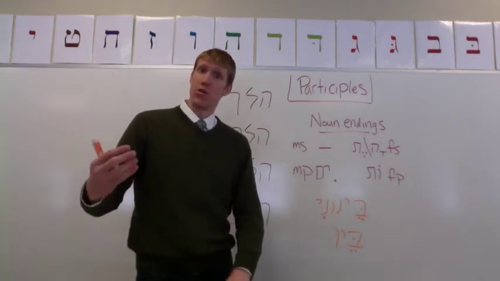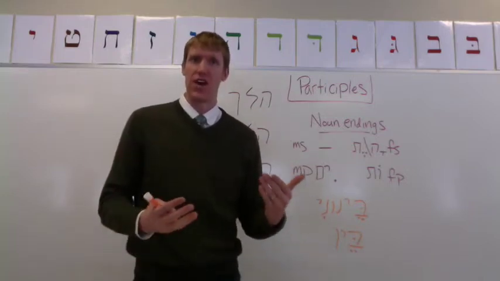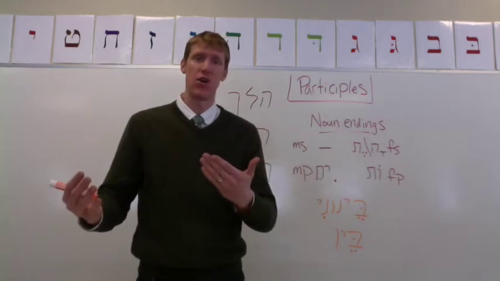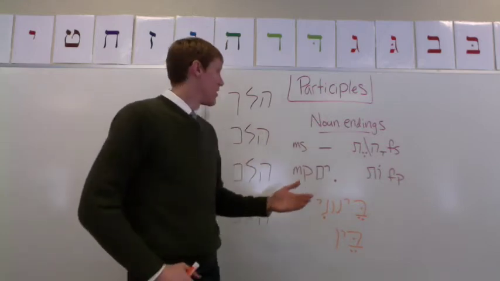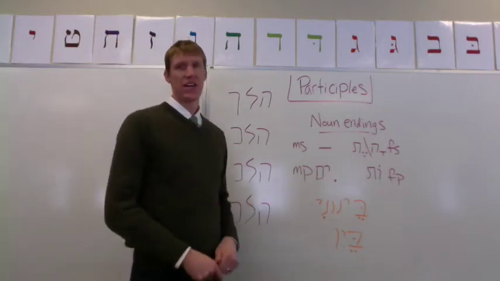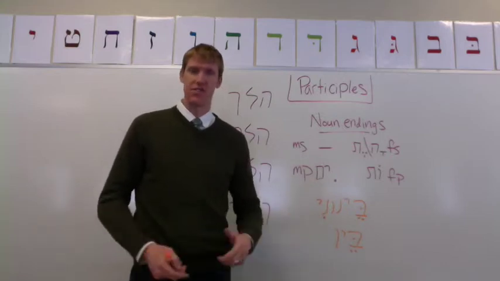Here, with participles, you will have noun or adjective endings. Nouns and adjectives have the same endings, you'll recall. And participles also have noun or adjective endings because they function often as adjectives.